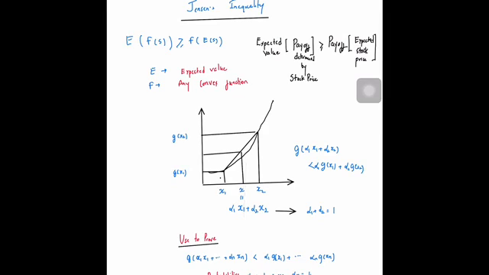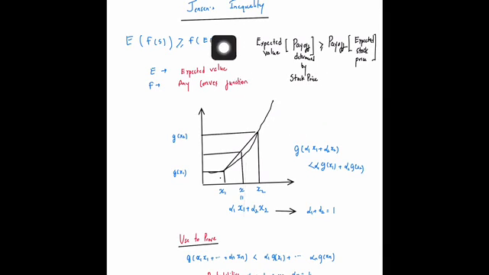But just because you have the expected stock price, if you substitute it into the payoff function, that will not give you the expected value of the payoff. There's a difference here. I'll talk about where the difference comes from a little below.